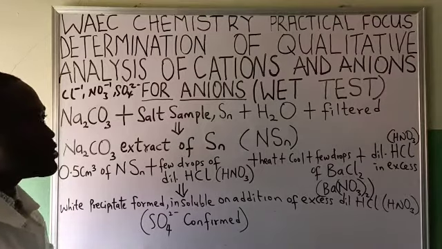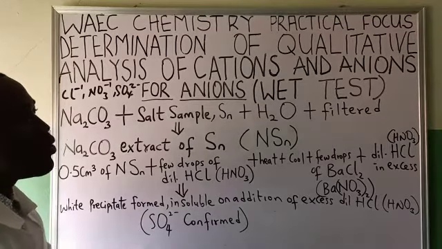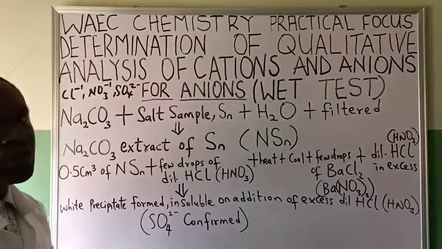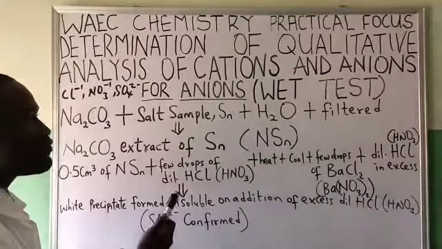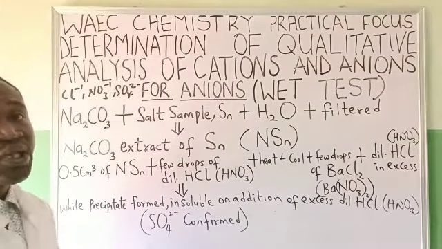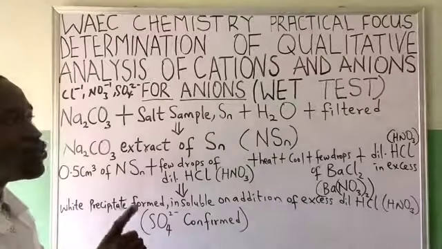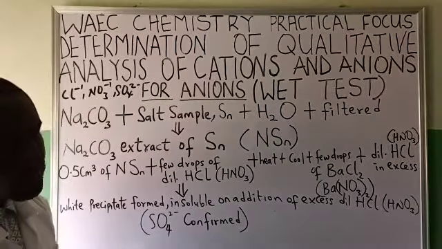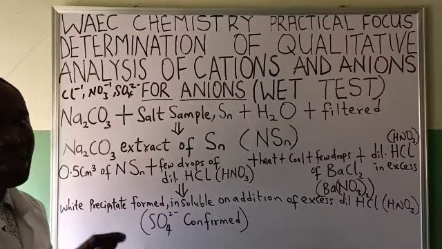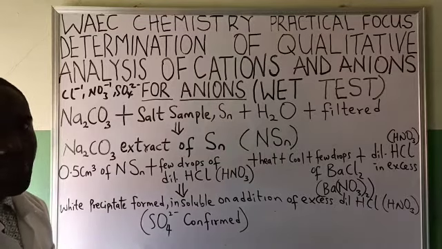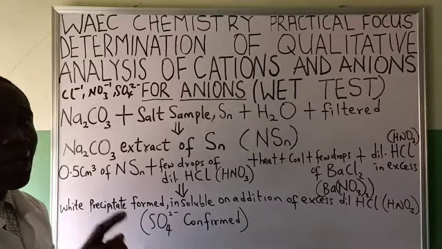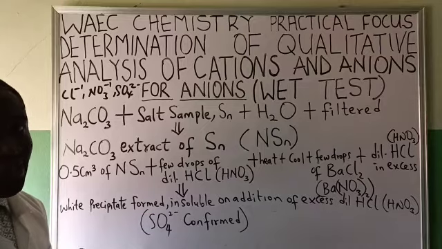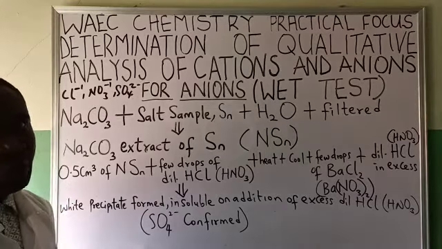And also it's important to note that while reporting what you got from your dry test, you don't use the word confirm. Use likely suspected or likely present. Suspected or likely present, I think that's better. Don't use confirm.